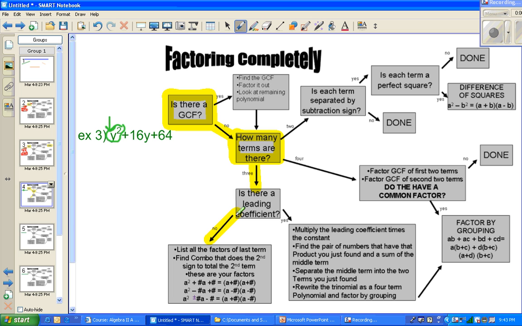Alright, so we take our flow chart over here. And now what you need to do is list all the factors of the last term.